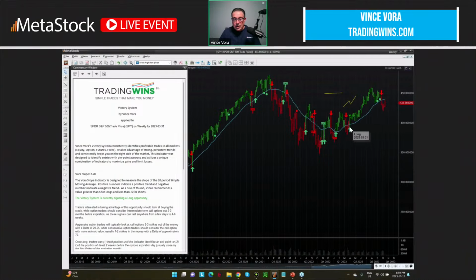So when it appears and there is a trade signal, you'll notice that it'll add some text in between these paragraphs here. The color of the text will be based on the direction of the trade. So it's telling you that the Victory signal system is currently signaling a long opportunity, all right?